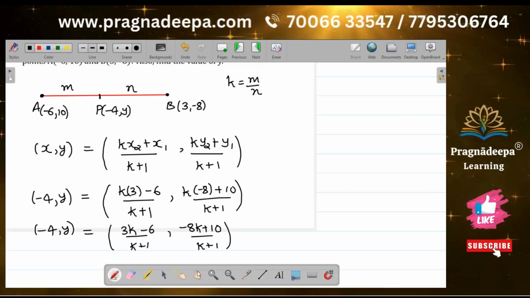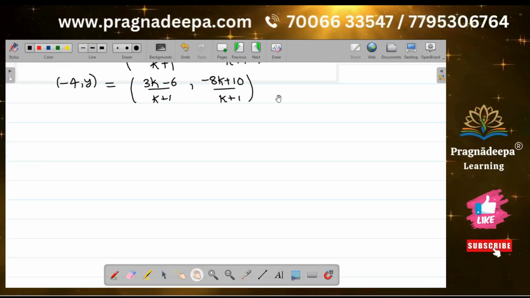So now you can equate the x and y values, right? Minus 4 will be equal to the x coordinate value and y will be equal to the y coordinate value. So this implies 3k minus 6 divided by k plus 1 is equal to minus 4.